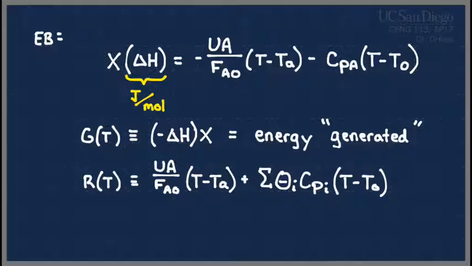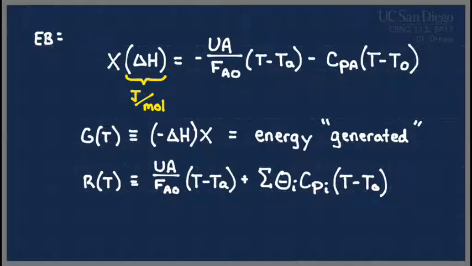So we put the theta I back in there. For our example, there was only one theta, and that theta was 1. But we're just writing it in a more general form here in case there's more species that are available. This, by the way, is why G of t has that negative sign sitting in front of it, just so that R of t can look like a bunch of positive numbers instead of having those negative signs out front.